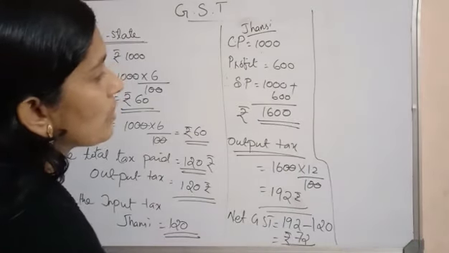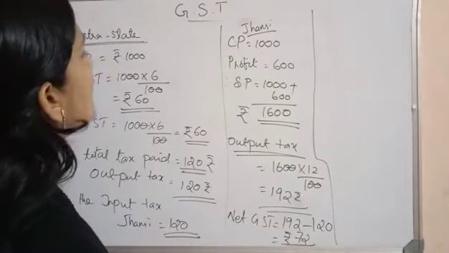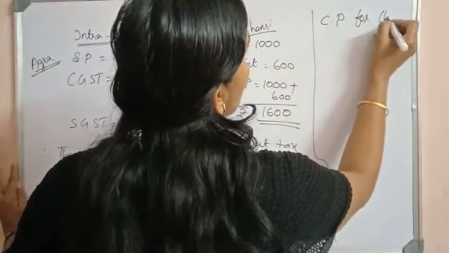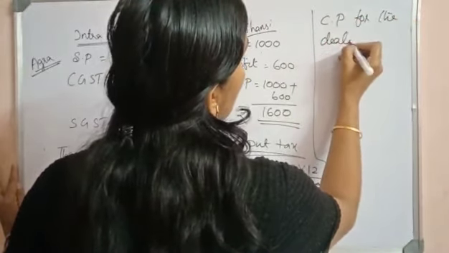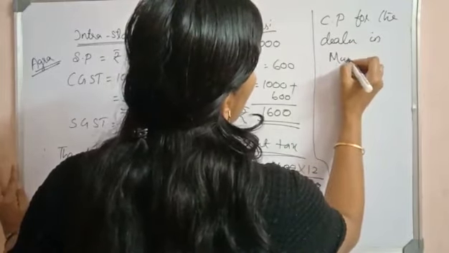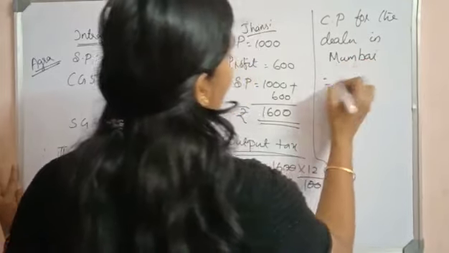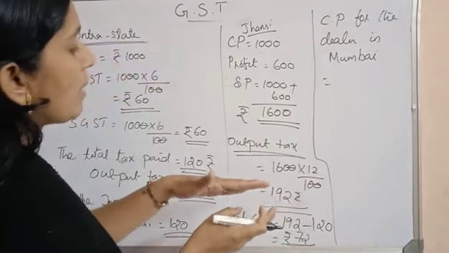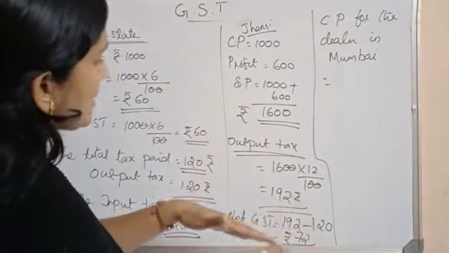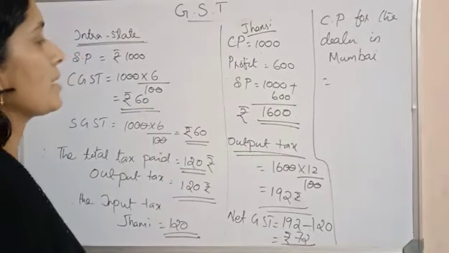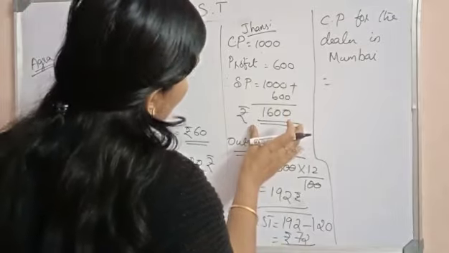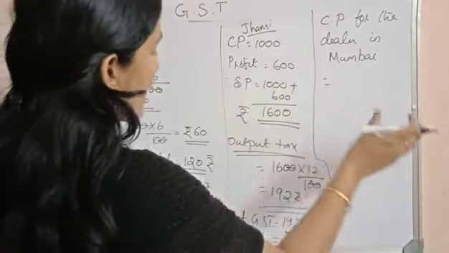Now the last part of the question was the CP for the dealer in Mumbai. Cost price for the dealer in Mumbai is the selling price plus the tax paid by the dealer. And this is same as the selling price of the goods or services, as well as the tax paid for that.